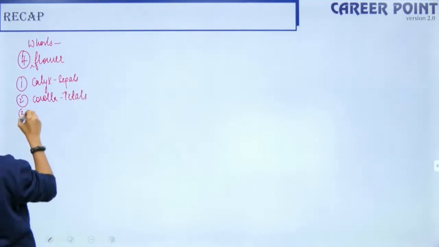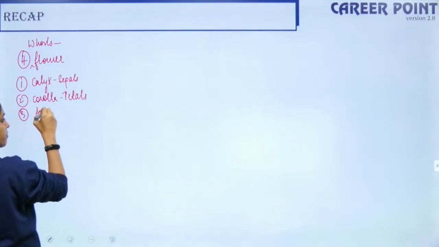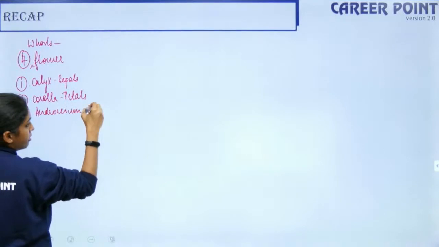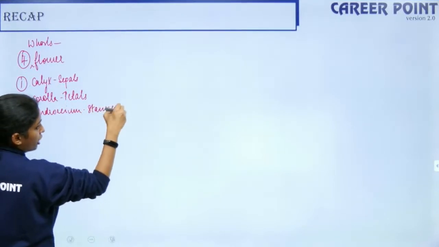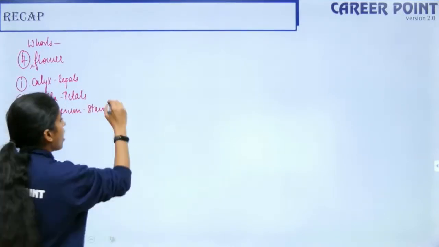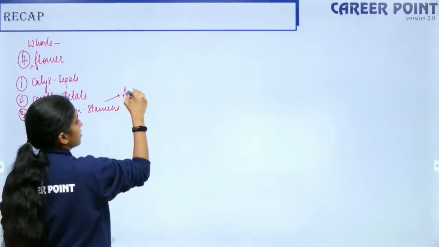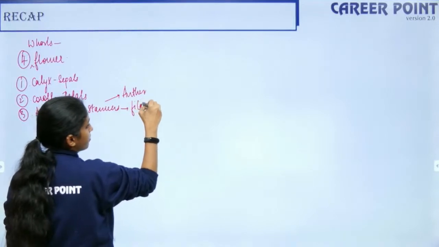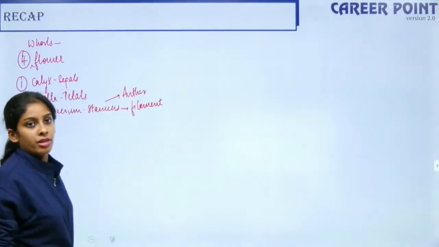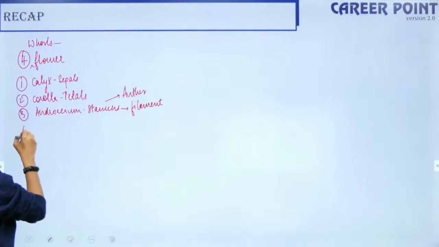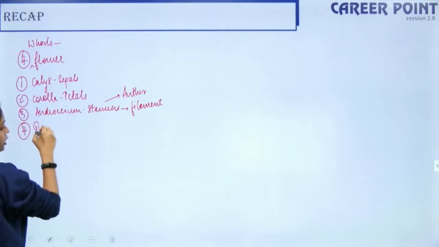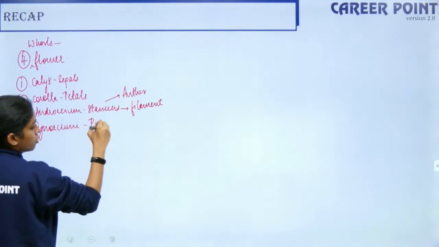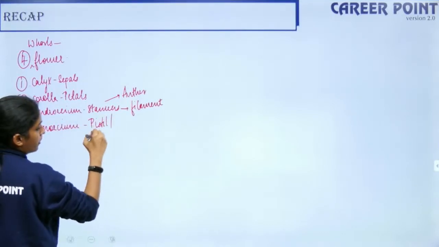Number 3, you have androecium, which is represented by stamens. We know stamens have 2 parts: one is anther and the other one is filament. The fourth or last part is gynoecium, also known as pistil or carpel.